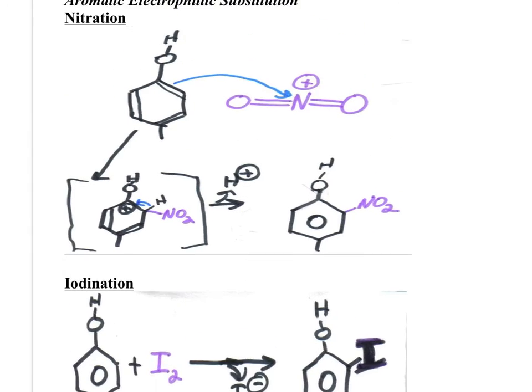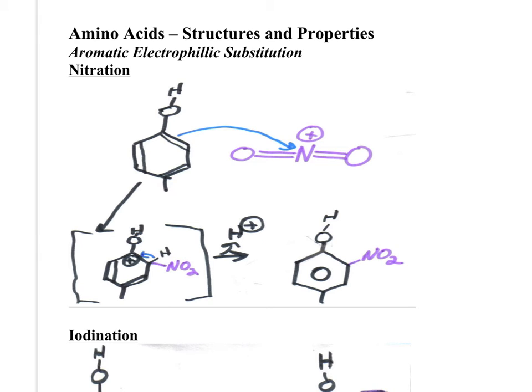And then looking further, this tyrosine, in addition to having its reactive alcohol, is also reactive at the aromatic ring, and tyrosines are pretty susceptible to things like nitration.